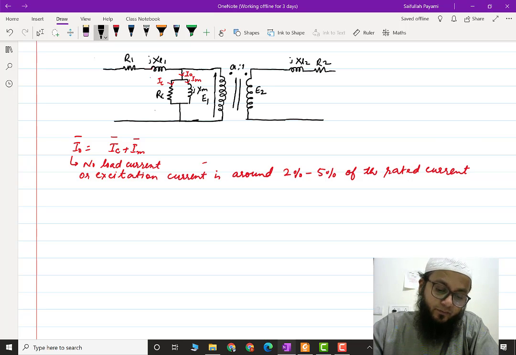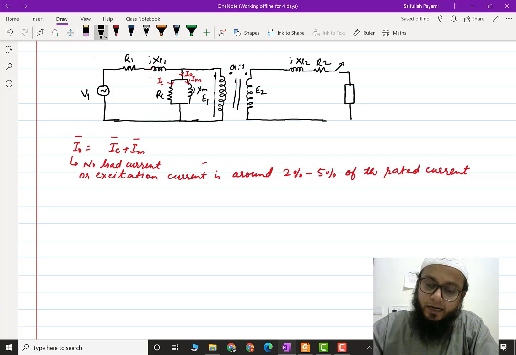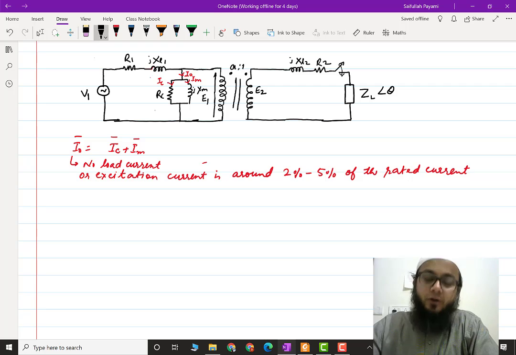Then, let's say at the primary side we energize it by an external source whose RMS value is V1, and we connect the load at the secondary side, let's say ZL at an angle of theta. The moment we turn it on, the load current would be drawn.